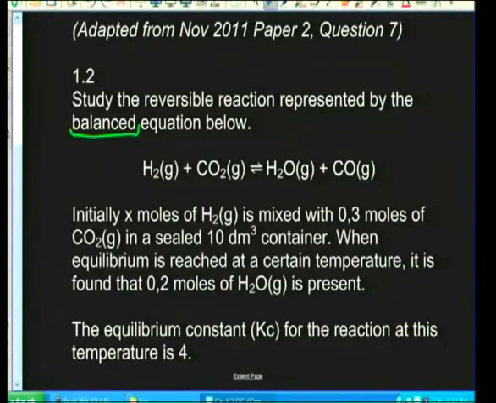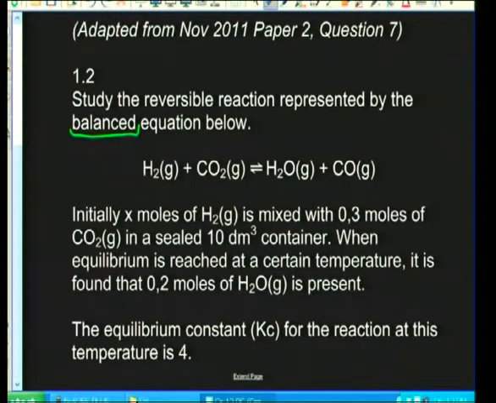So we have hydrogen gas, carbon dioxide, water, and carbon monoxide. And they tell us quite a lot of very important information in the coming paragraph. Initially, at the start, X moles of hydrogen gas is mixed, so we don't know what that value is. It's X moles of hydrogen gas mixed with 0.3 moles of carbon dioxide.